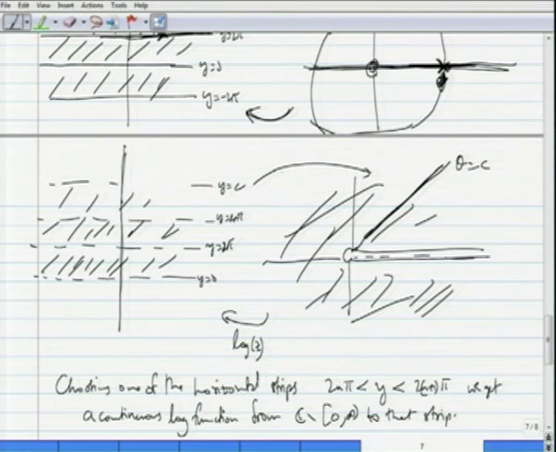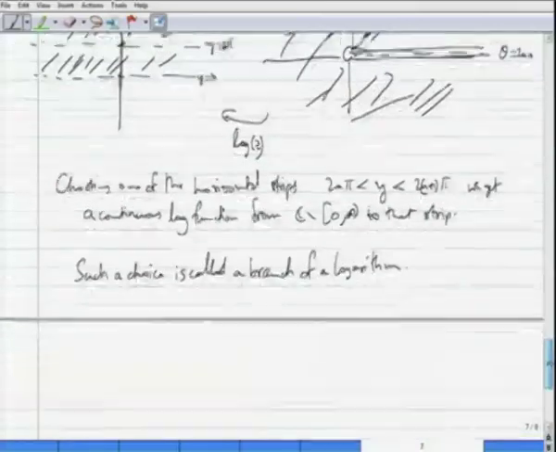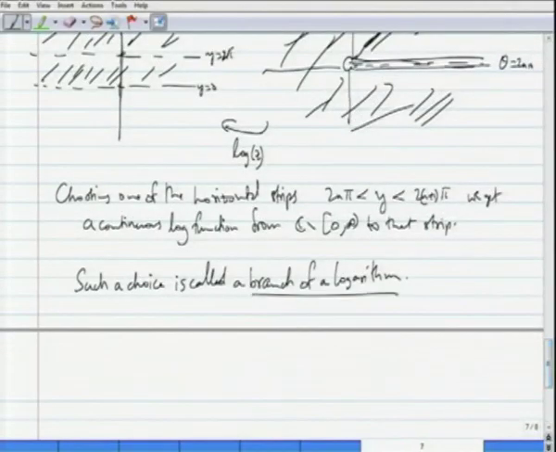So, y equals 4 pi or y equals 2 pi etcetera, they go to theta equals 2n pi, which exactly corresponds to the real line. If we drop these exact points like we did for the argument function, we get these horizontal strips. And hence we can construct what is called a branch of a logarithm.